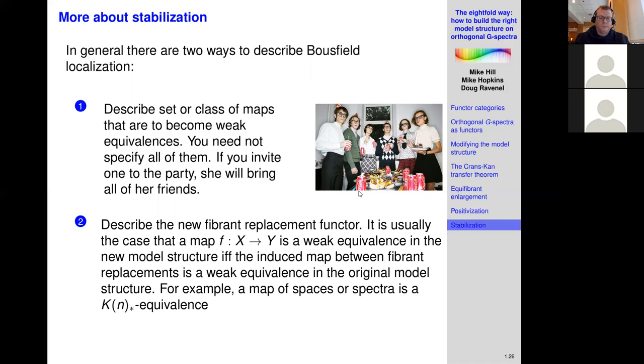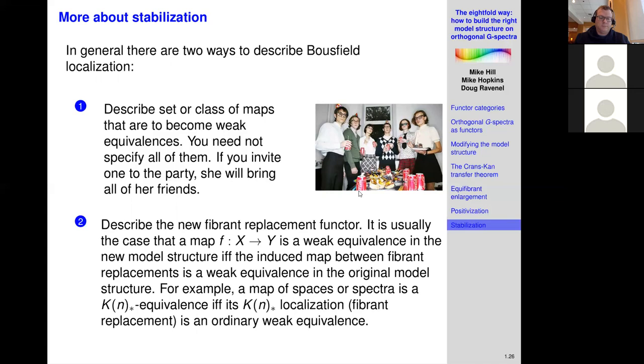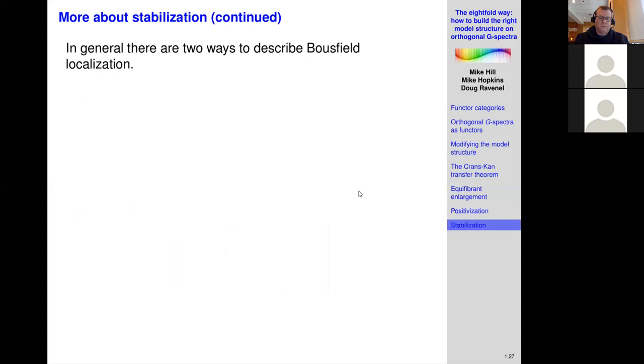For example, a map of spaces or spectra is a Kn equivalence if and only if its Kn localization is an ordinary weak equivalence.